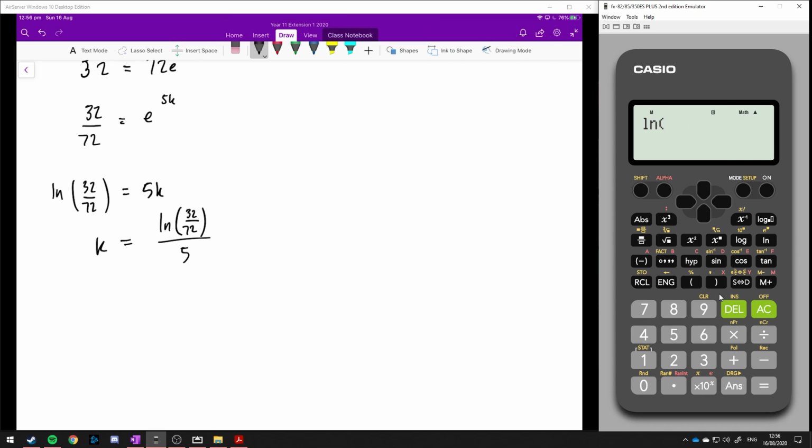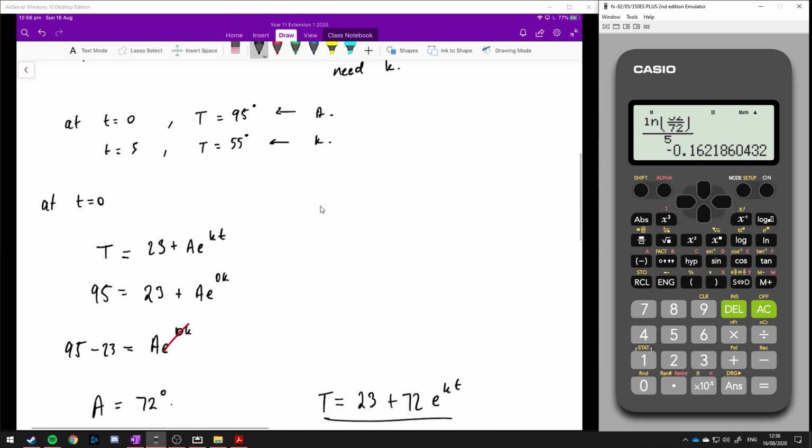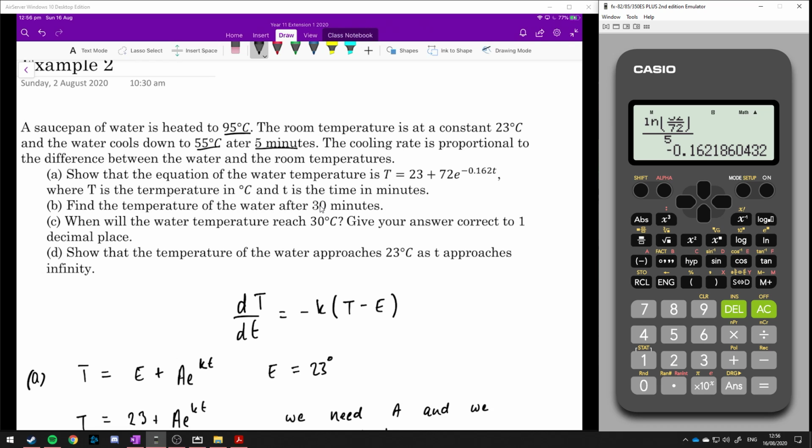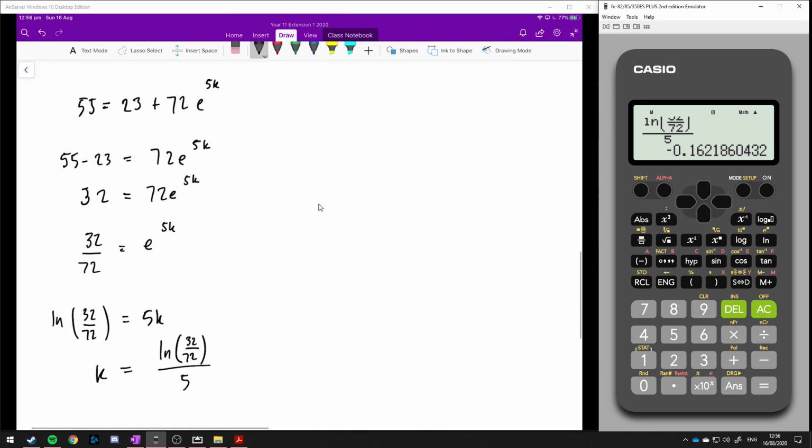So putting that in, log of 32 over 72 all over 5. And we should get negative 0.16, which I'm hoping is the value up there, or negative 0.162.